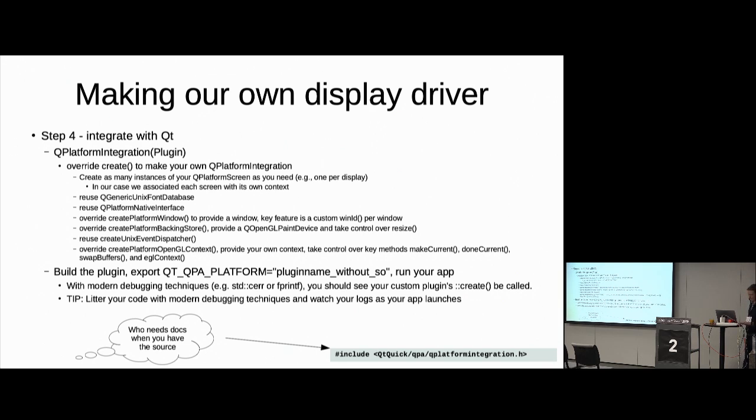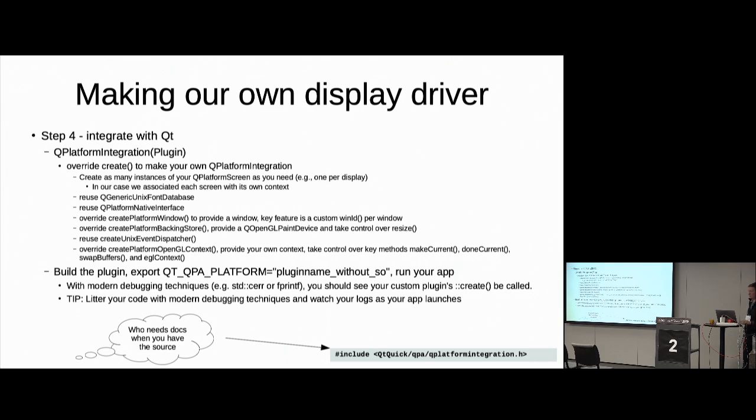So we built the plugin. The plugin needs to have a certain name. We just littered the code with printfs, modern debugging techniques. And then just watched our logs and traced and saw what happens. And it took months to get this running, but it's no more than, I would say, 4 or 5 months before we had this thing running.